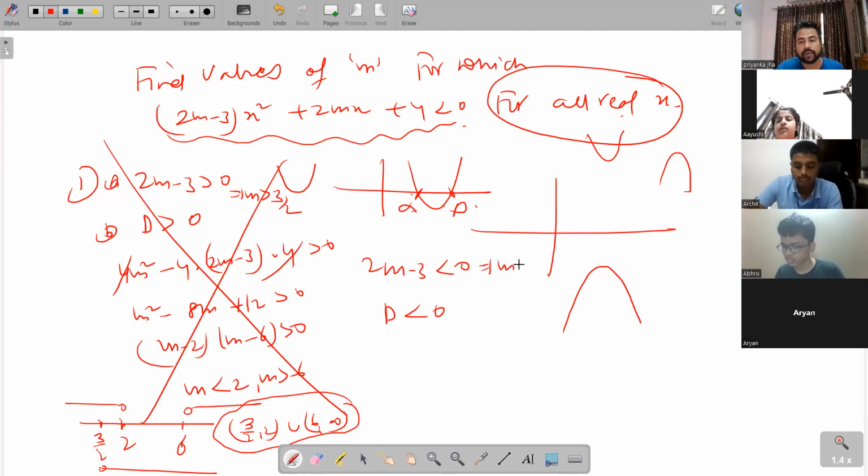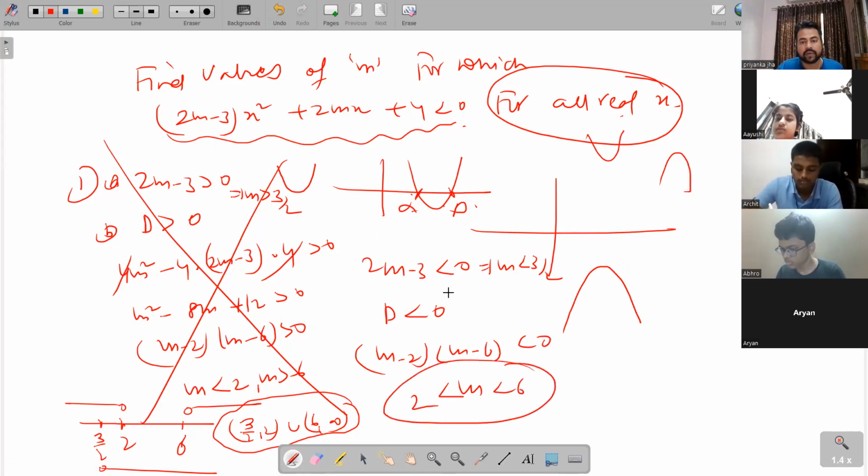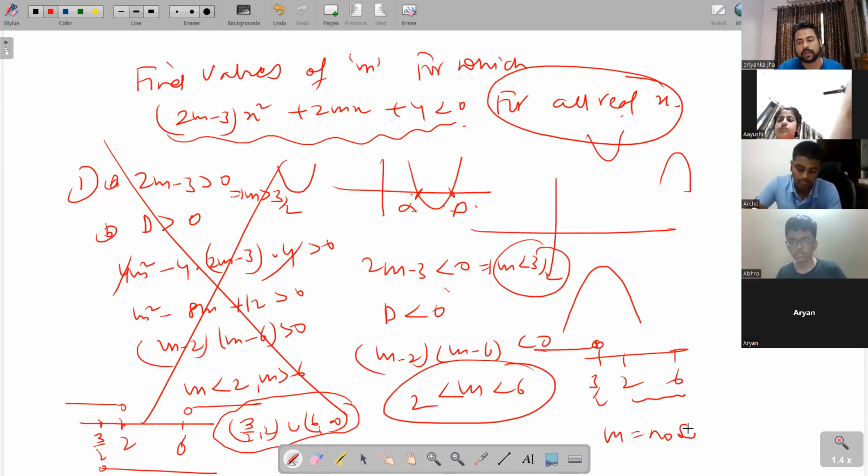From here, we have m is less than 3 by 2 and the discriminant is negative. I just now solved it, so this has to be negative. So m has to lie between 2 to 6. If you take the common, you will get nothing, because m has to be less than 3 by 2. So nothing is common between these. So m has no solution. Understood? By mistake, I read this question incorrectly.